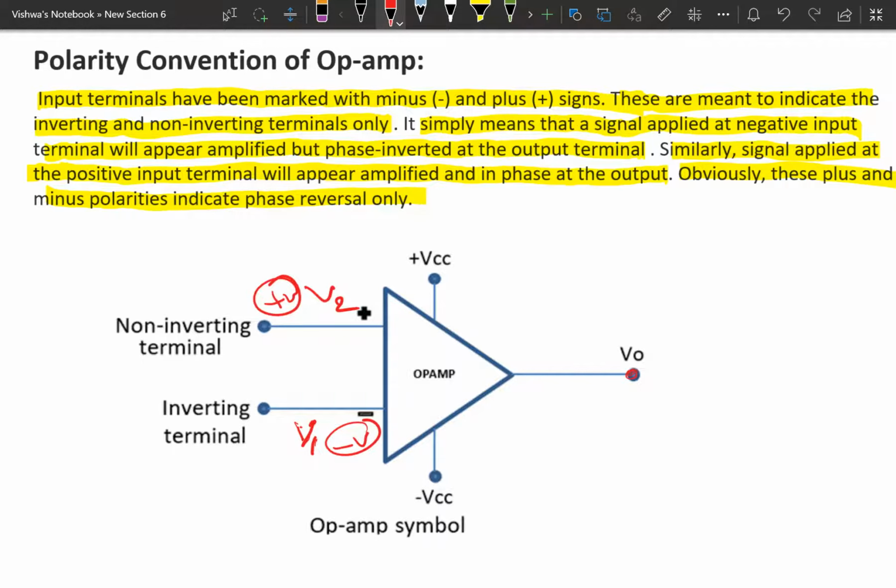This only represents the convention, whether it is the inverting terminal or the non-inverting terminal. We may provide any voltage to this. You can ground this, or you can ground this also. The plus and minus do not indicate that the positive terminal should be connected to this terminal only and the negative terminal to that terminal only. That is not the meaning. This is about the polarity convention of the op-amp.